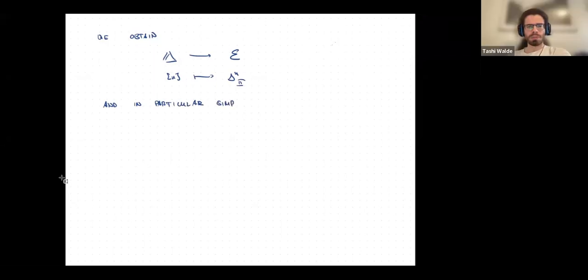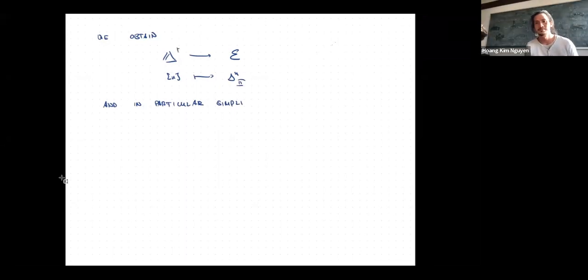The domain of the functor should probably be delta plus. It's like they're augmented. Yeah, augmented, right.